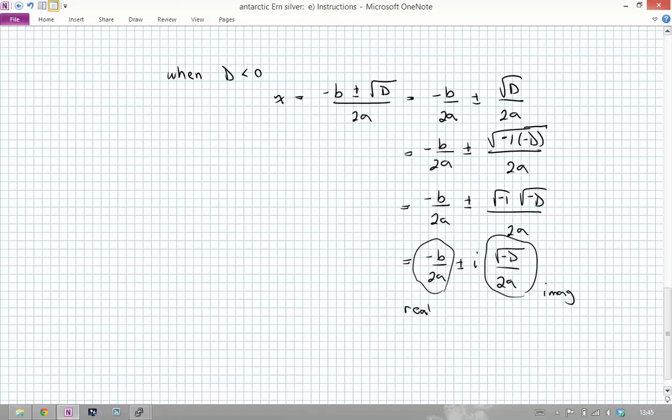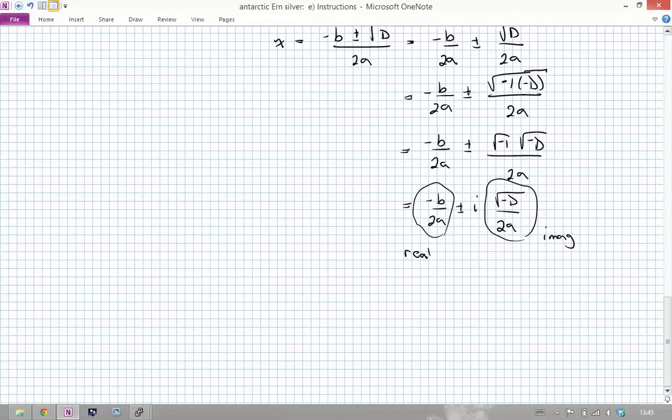So when you get into this third case, d less than 0, the real part of the solution, let's call it rp. What's the formula for the real part? Negative b over 2a. And what's the formula for the imaginary part?